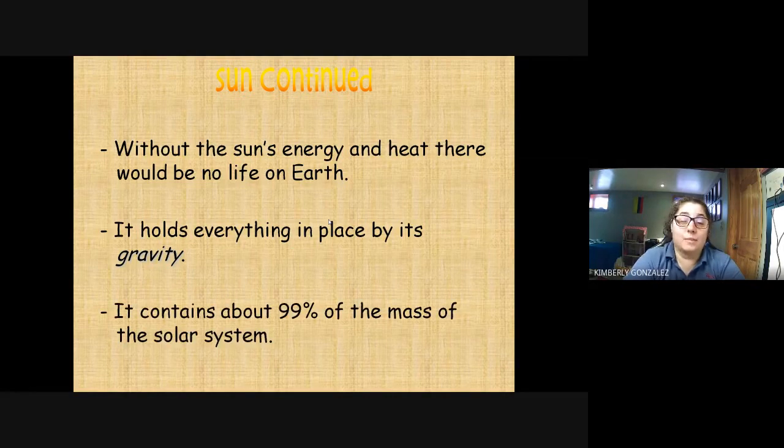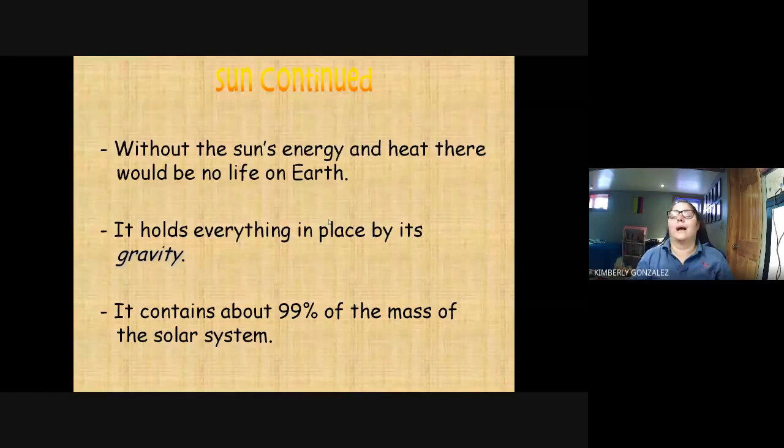Okay, here's the big surprise. The sun's mass is about 99% of our solar system. That's a lot, right? Now we have all these planets and we have their moons and this, that, and the other thing, okay? But it still only falls in that 1%.